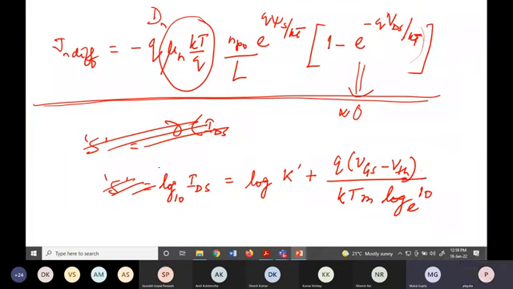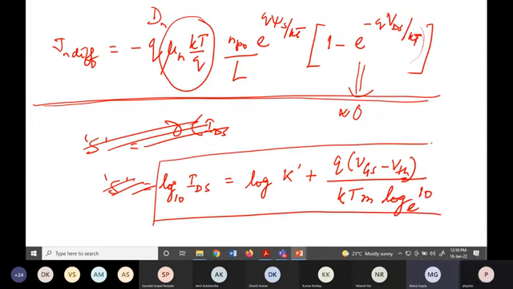If you find the relation between psi s and VGS from your semiconductor physics book, you will end up with this, and take the log, you will end up with this. Where there is kT over q, log K dash is basically a constant, and there is M.